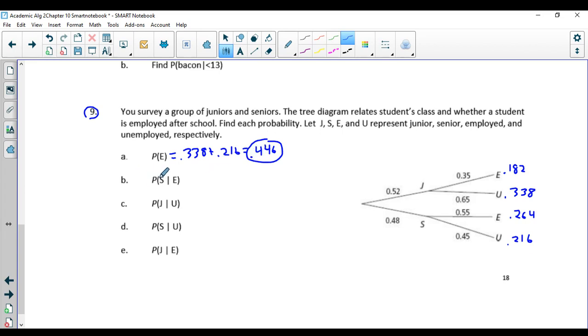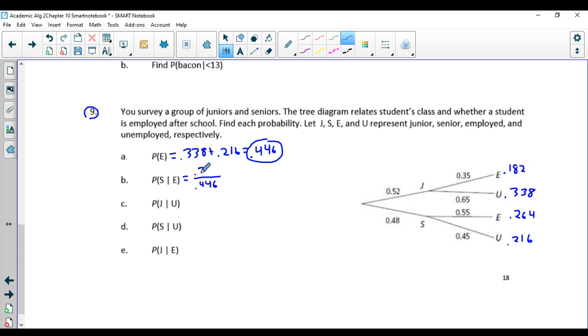So this one says probability of a senior given employed. So our denominator is going to be, we know that they're employed, so this 0.446 is going to be in our denominator because that's the probability of them being employed. And then senior and employed is going to be our numerator. So senior employed is right here, 0.264.